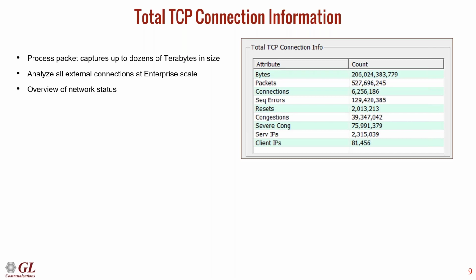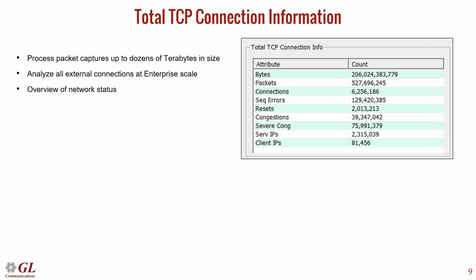The first thing is the total TCP connection information. Like I said, it gives quick information about how much data we have processed. That is the total number of bytes we processed, and out of that, how many TCP packets we had, and the number of TCP connections. Out of those connections, how many are due to sequence errors.